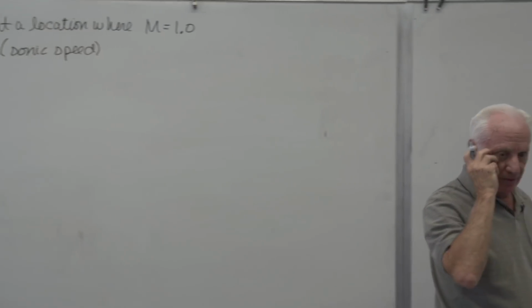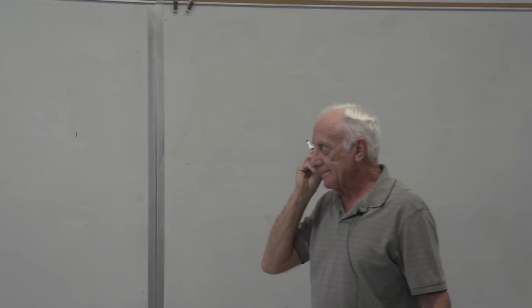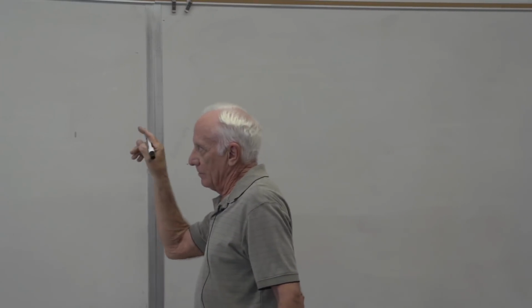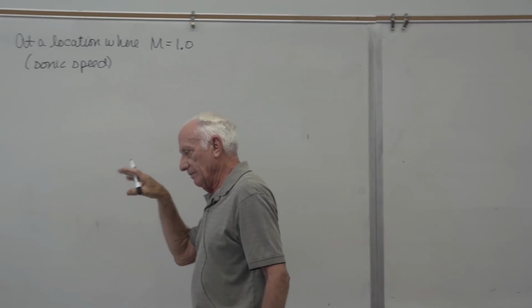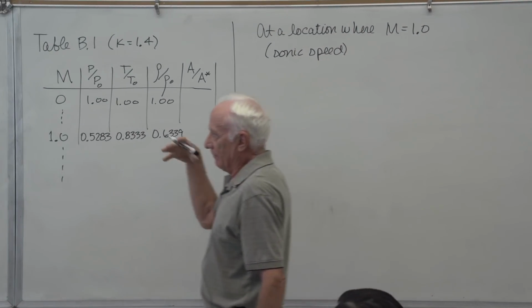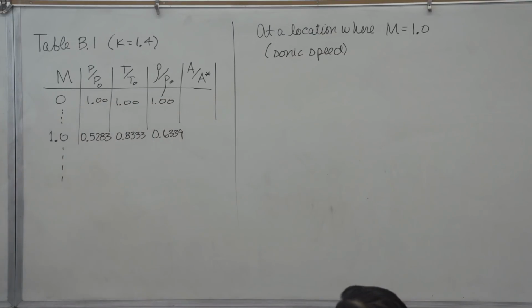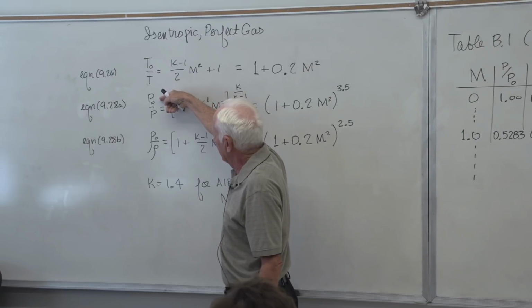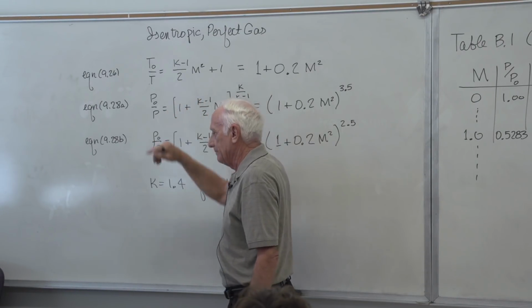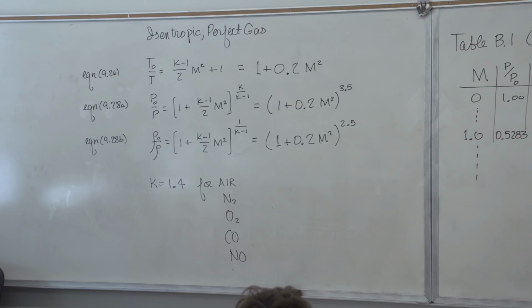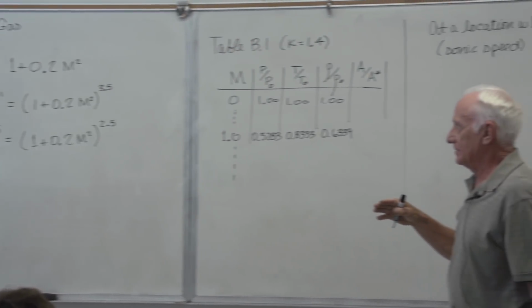Speed of sound, c, the square root of kRT. The Mach number is V over c. So if there's a point in the flow field where the Mach number is equal to 1, then to differentiate that, just remember that these are stagnation. What's this called? Stagnation temperature, stagnation pressure, stagnation density. Subscript 0 means stagnation, where the velocity is 0. Fluid is brought to rest isentropically.